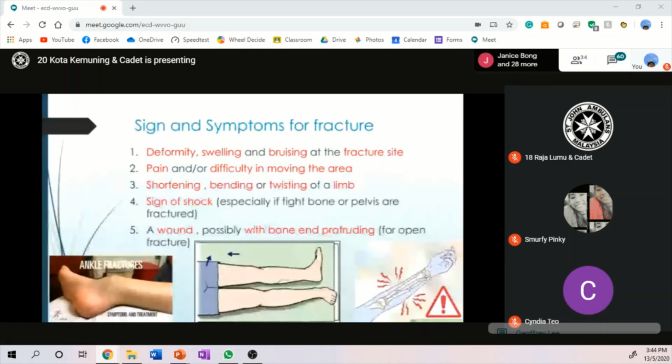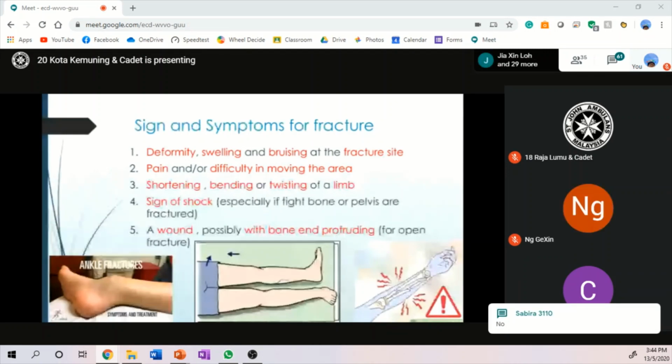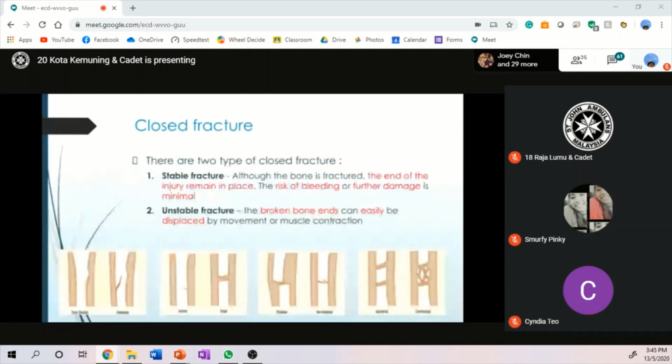For closed fracture, there are two types: stable fracture and unstable fracture. A stable fracture is when the bone is broken but still remains in the original place. There is a risk of bleeding or further damage, which means it may turn into an unstable fracture.